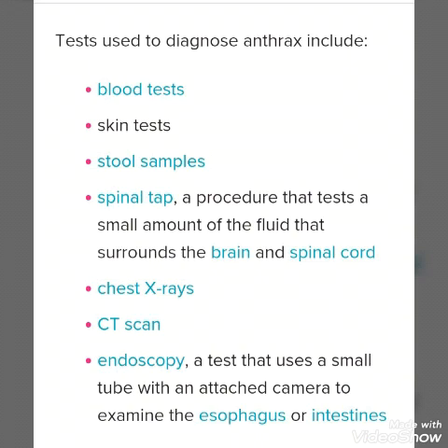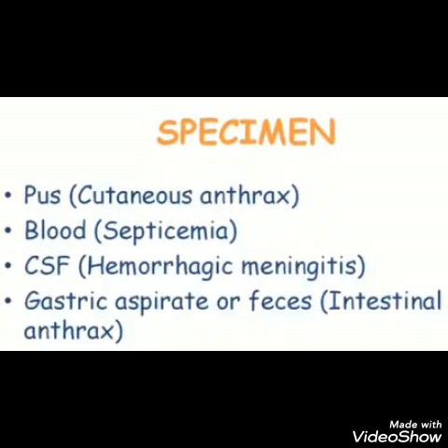Now investigation. The tests used to diagnose anthrax include blood test, skin test, stool test, spinal tap, a procedure that tests a small amount of the fluid that surrounds the brain and spinal cord, chest x-rays to exclude respiratory anthrax, CT scan, and endoscopy, a test that uses a small tube with an attached camera to examine the esophagus or intestine to exclude gastrointestinal anthrax.